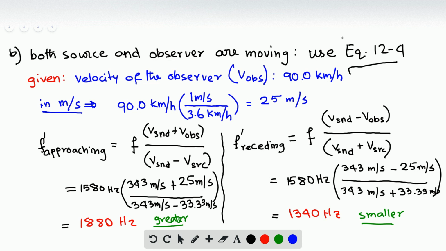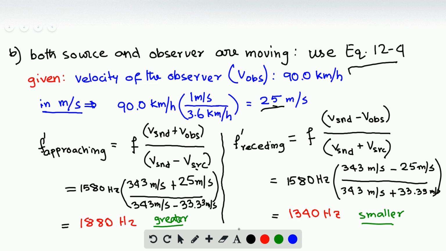Now we are given the velocity of the observer as 90 kilometers per hour. We change it to meters per second using the same trick as before, and we get 25 meters per second. The rest of the information is known, so the equation becomes: frequency approaching equals frequency times the velocity of the sound wave plus the velocity of the observer, over the velocity of the sound wave minus the velocity of the source.